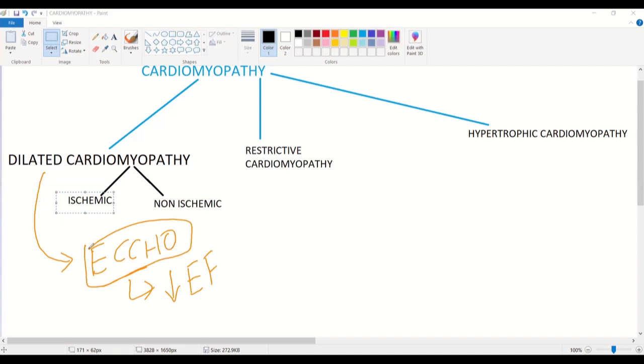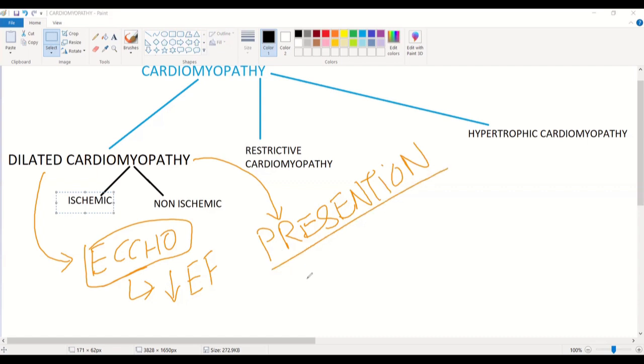So, the presentation of dilated cardiomyopathy: the patient presents with a systolic regurgitant murmur.